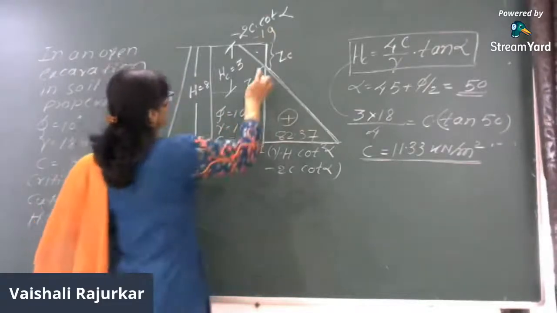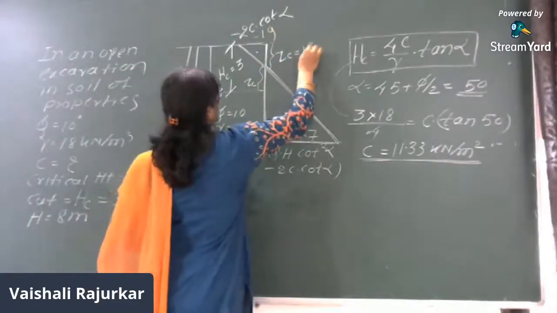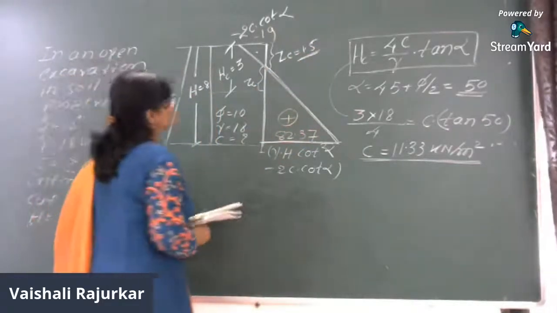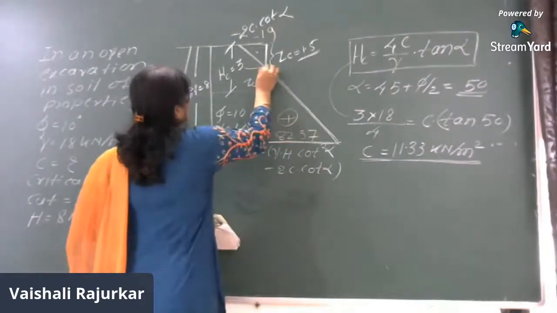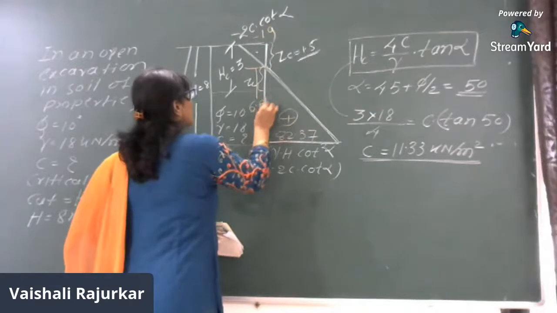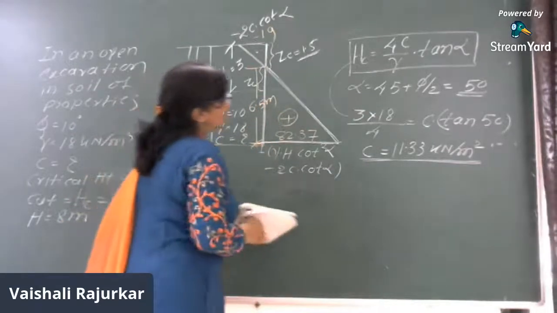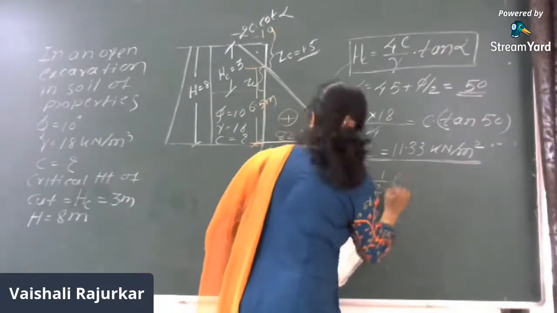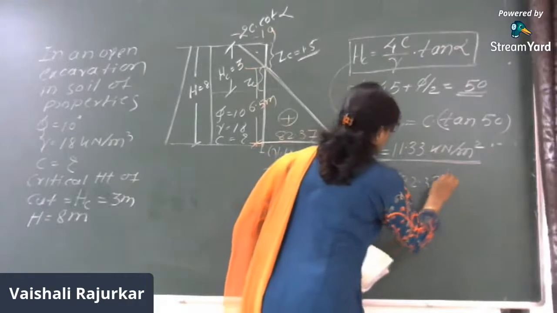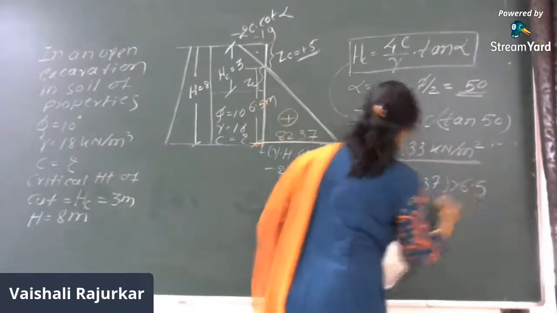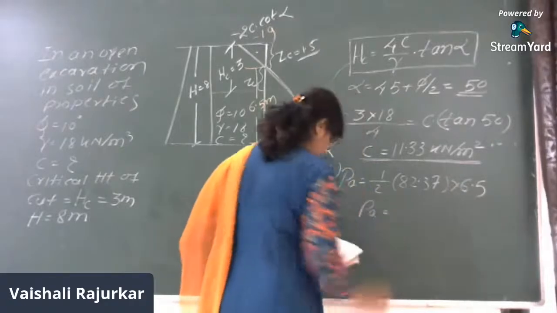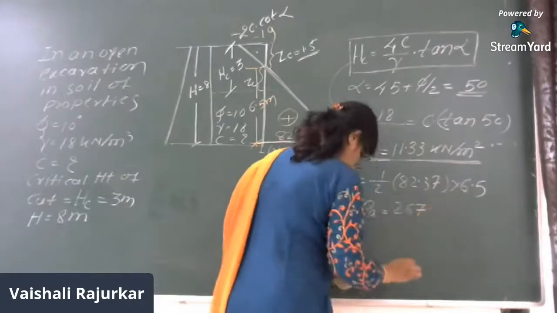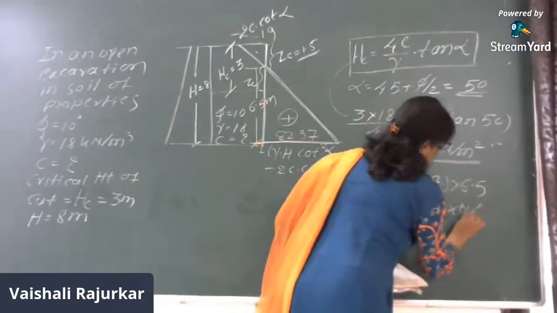This is 1.5 meters, so this depth is 6.5 meter. So in this case, the PA is equal to half of 82.37 multiplied by 6.5, and PA is found to be 267.7 kilonewton per meter.